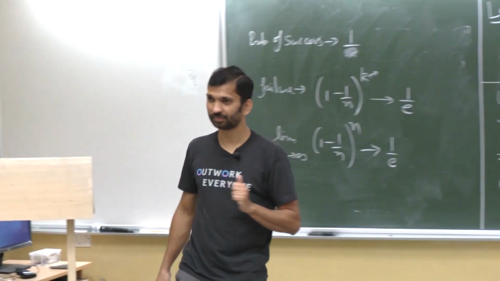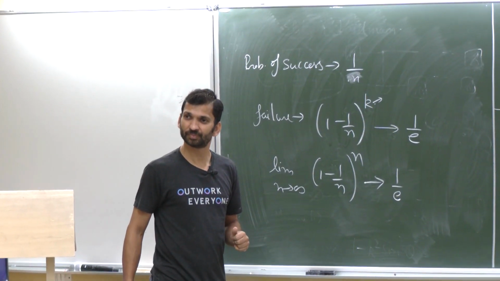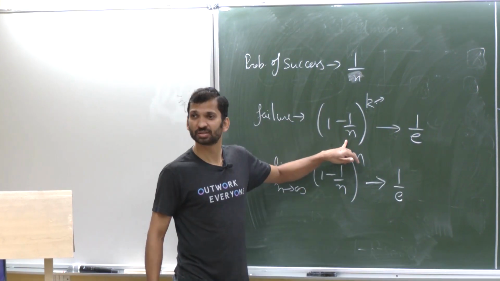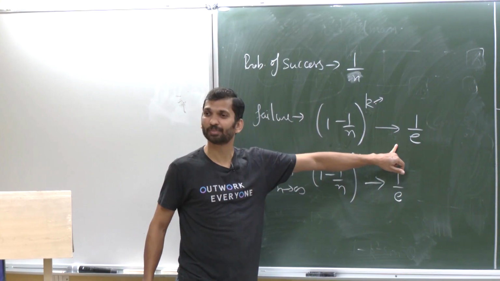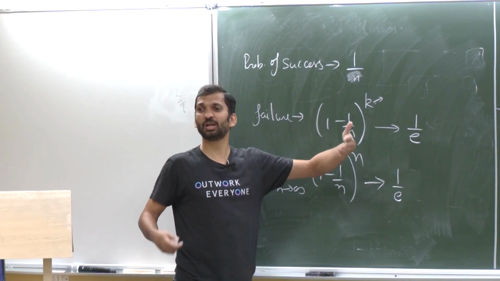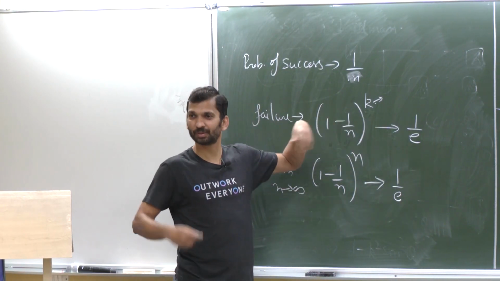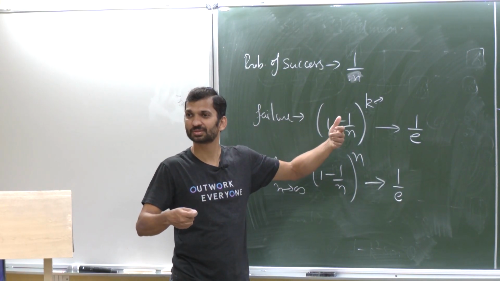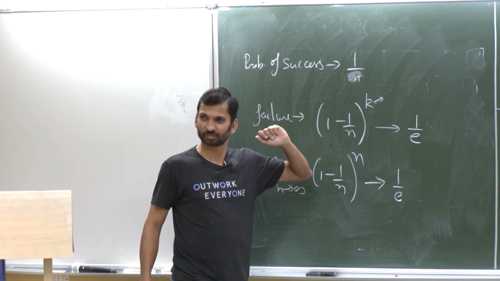Does this converge to 1 by e? So, when n is large, if I put n iterations, the failure probability will become 1 by e. But if I want failure probability, let's say 0.1, I can convert 1 by e to 0.1 by repeating it k times, a constant number of times. So constant times n will be fine.